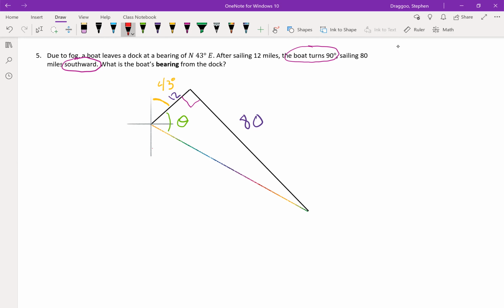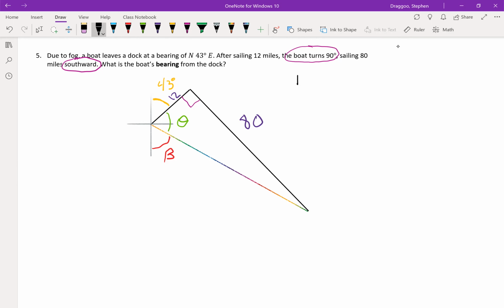And red once more to label beta, which will be my unknown bearing angle. So in the previous problem, theta and beta, the two angles labeled in red and green, were complements of each other. This time I have that all three angles, that 43 degrees, the green angle, and the red angle, are supplements of each other, since I can get a complete angle going from due north to due south by adding up those three angles.